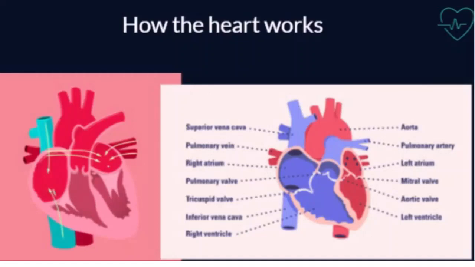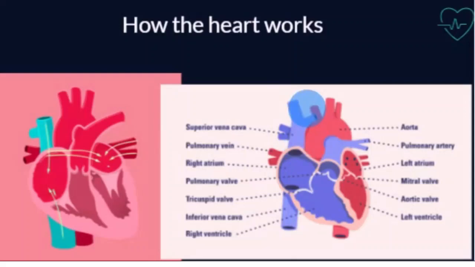So I'm going to begin with the deoxygenated blood first instead of the oxygenated. Our organs absorb oxygen and minerals from oxygenated blood, and after that the deoxygenated blood that's formed is taken to the heart through the superior and inferior vena cava. The superior vena cava collects the deoxygenated blood from all parts above your shoulders, your head, your ears, all of those parts.